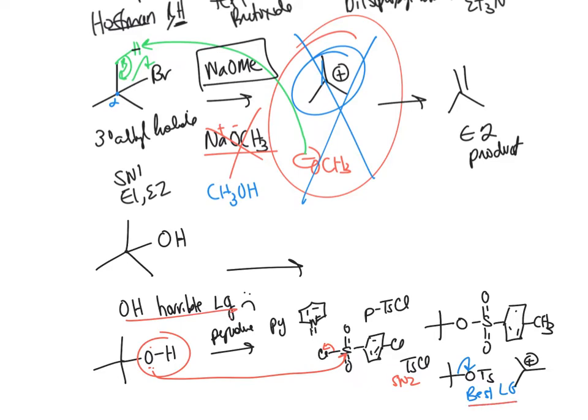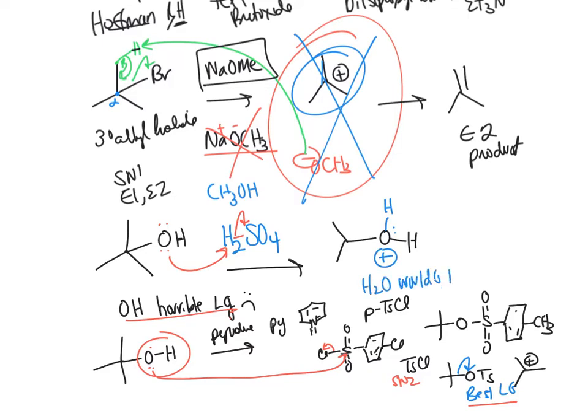Another way is to add acid, and the acid you usually use is sulfuric acid. And what that does is that protonates the OH. So now you have an acid-base reaction, right? And you've protonated this. This is water, another one of the world's best leaving groups.